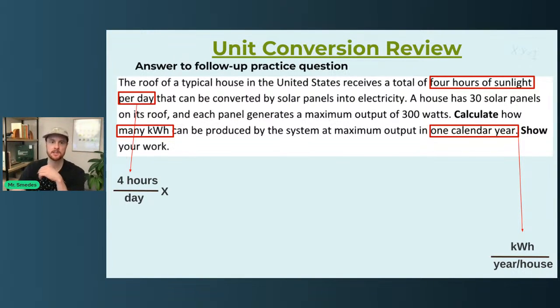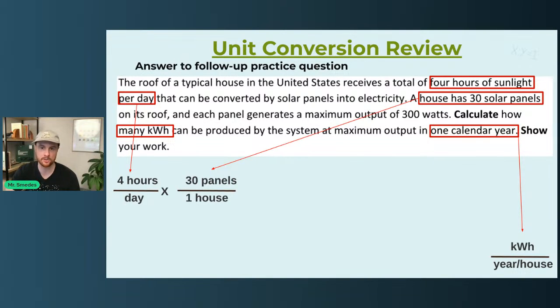So the next step then is to pull out your first number, which is 4 hours of sunlight per day. So we put 4 hours over 1 day. And now we're just going to pull out our next number, which is 30 panels per one house. So now we have house on the bottom, which is what we want in our final answer. But we still need to get to kilowatt hours on top and years on the bottom.